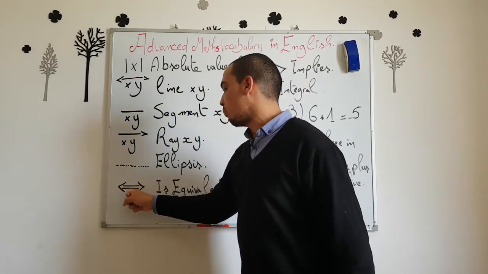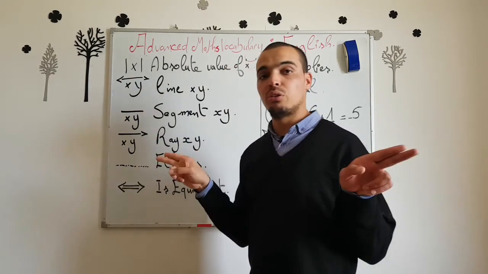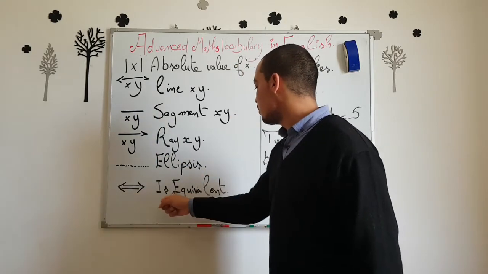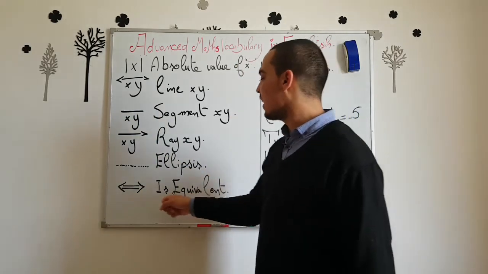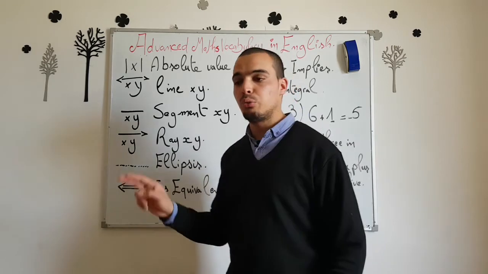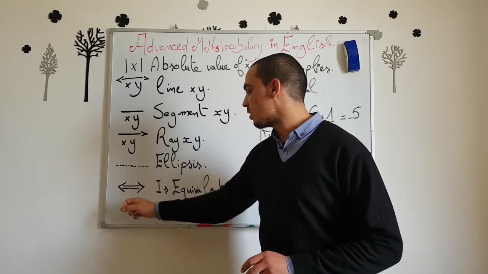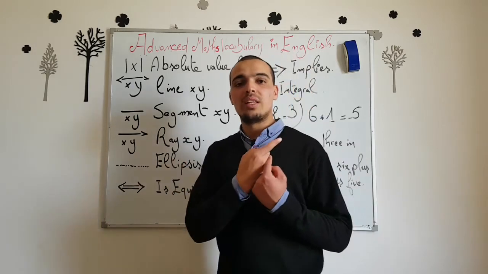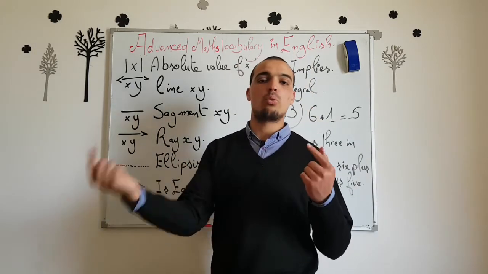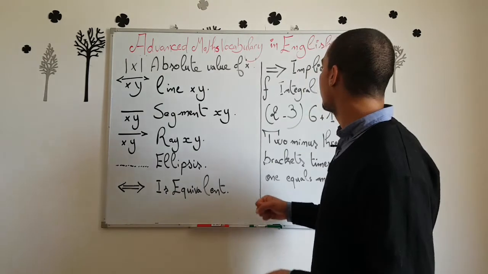But when you find it with two lines and pointing in two directions, it means equivalent. When you find a number on one side and this arrow to the other number, it means this number is equivalent to the other number.